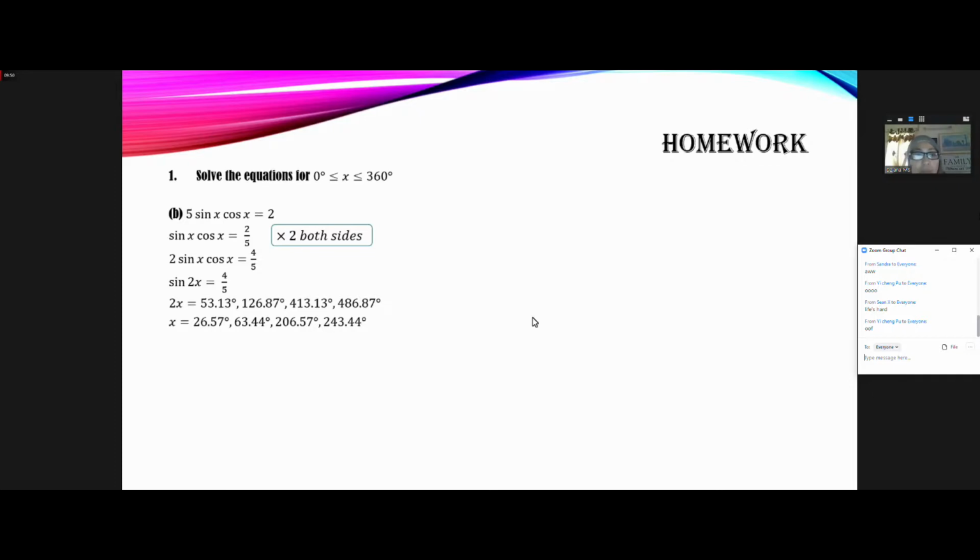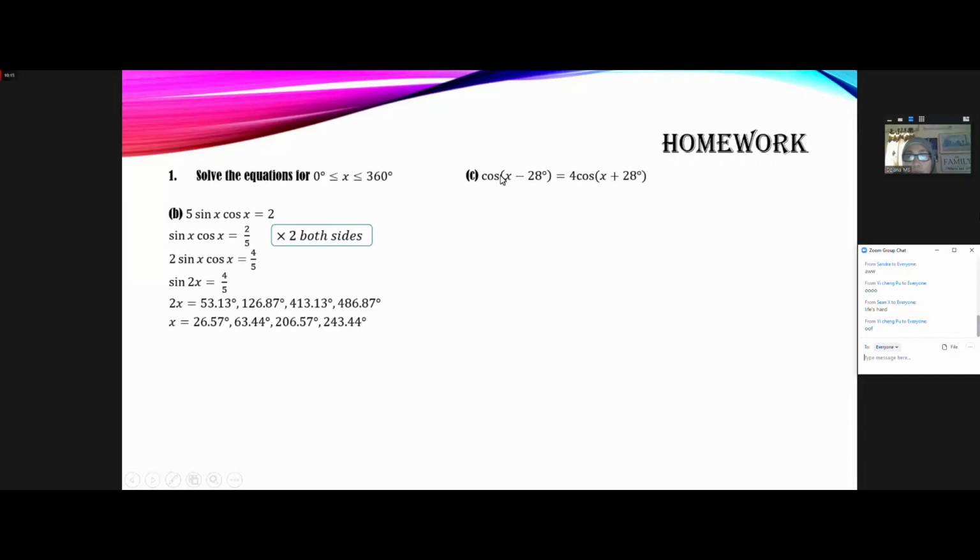Okay, 1C. This question also, a few of you got stuck somewhere. This one you have to open up using the addition formula: cos(x minus 28) and cos(x plus 28).